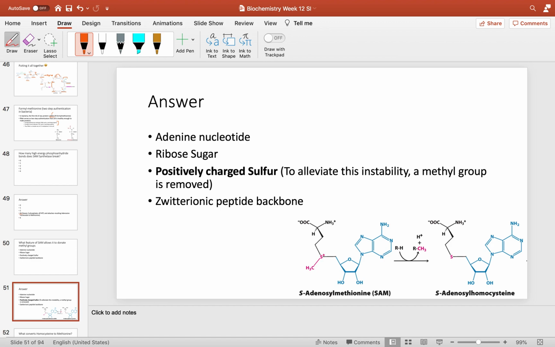So we see here the SAM that we just formed, it has this positive charge on the sulfur from the methionine. So this means it's inherently unstable. So for us to alleviate that charge, it'll have to kick off one of these 3 groups. In this case, the thermodynamics just work out that the methyl will be kicked off. So the methyl will be added on to this guy, and you'll form S-adenosyl homocysteine.